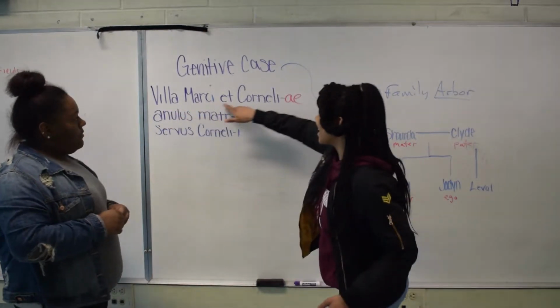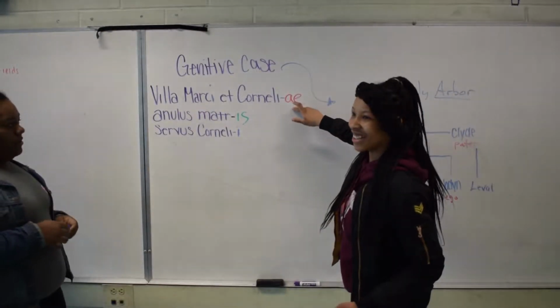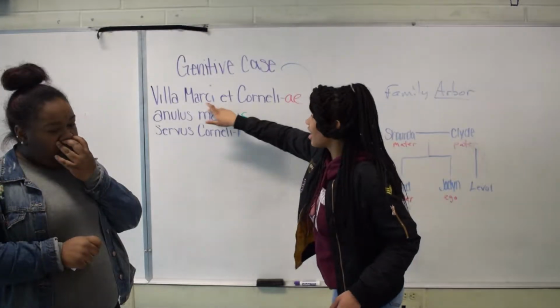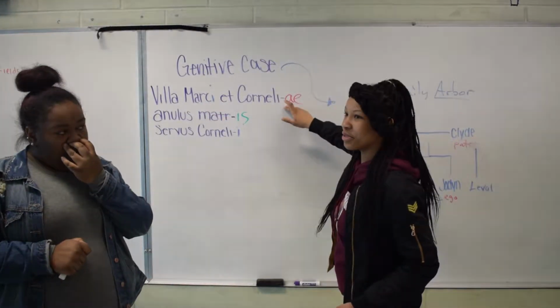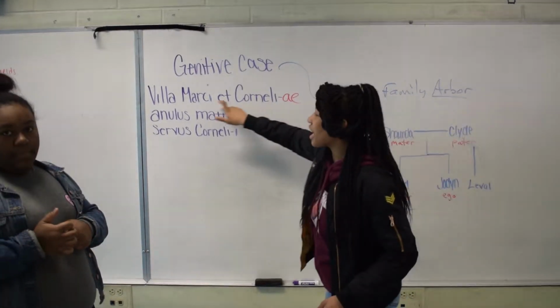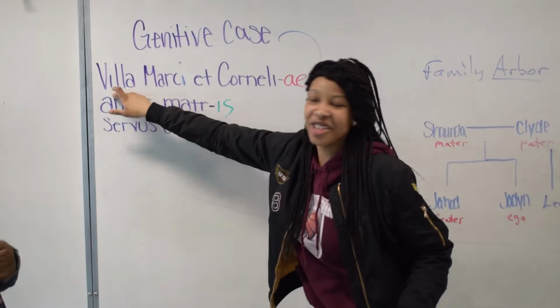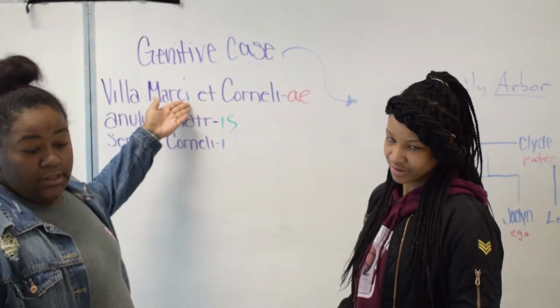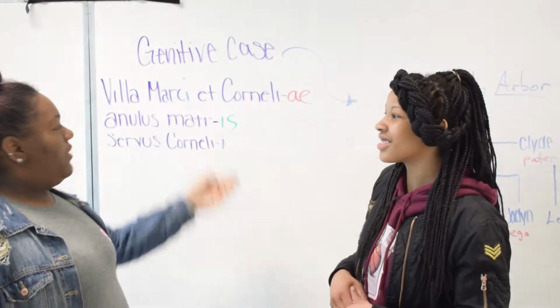Villa Marci et Corneliae, meaning the country house of Marcus and Cornelia, or Marcus and Cornelia's country house. Note that there are 2 ways to translate these genitive endings, with of or with an apostrophe s.